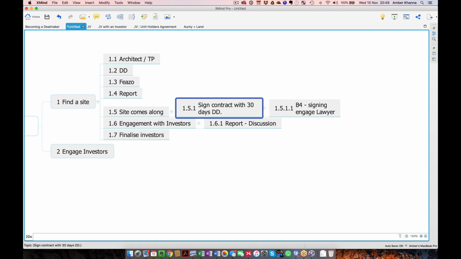A lot of cashed up developers might be able to do that, but we never buy a property at auction. I never have, never will. So I would suggest that you stay away and try to get a longer settlement if it hasn't got plans and permit, with 30 days due diligence or whatever, to be able to understand if it works.